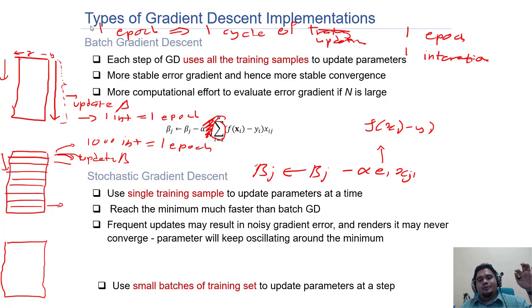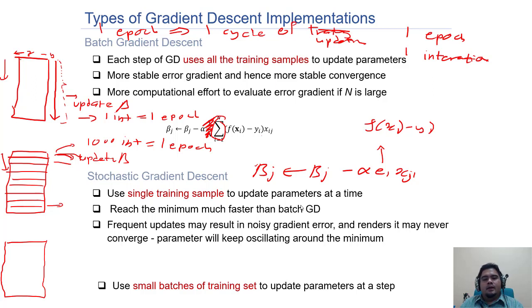So this one is a little bit slower, and this one is a little bit quicker to arrive at the minimum value. But of course, there is also a disadvantage: it reaches the minimum faster than gradient descent, but frequent updates may result in noisy gradient error. Just taking one sample, it will be affected by some noise, which you need to avoid.